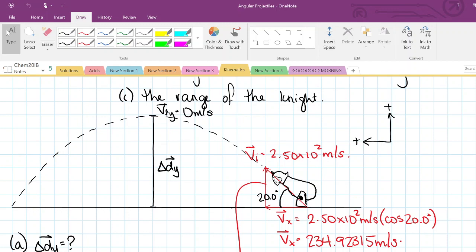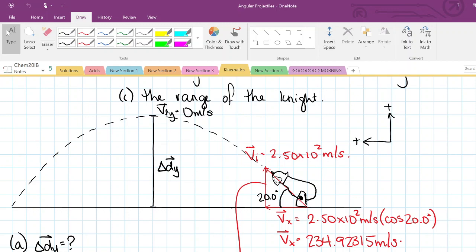The knight eventually will travel this general trajectory, and then he'll start to make his way down to the ground again, and hopefully land somewhere over here, ready for battle, or maybe on a launch pad or a crash pad or something like that.